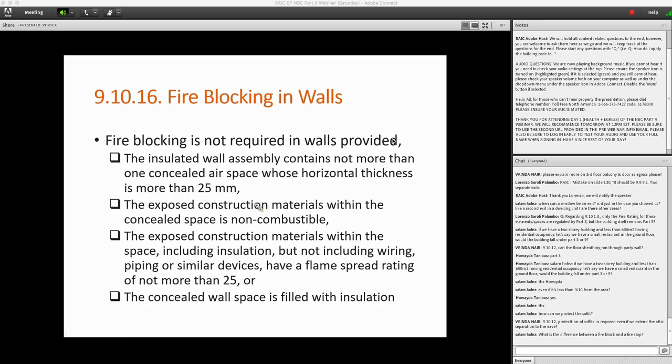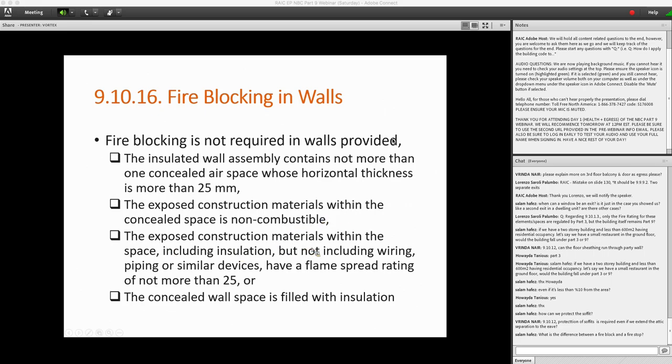Now, fire blocking is not required in walls that are insulated, provided the insulated wall contains not more than one concealed airspace whose horizontal thickness is more than 25 millimeters. Or when the exposed construction material in the wall is non-combustible.